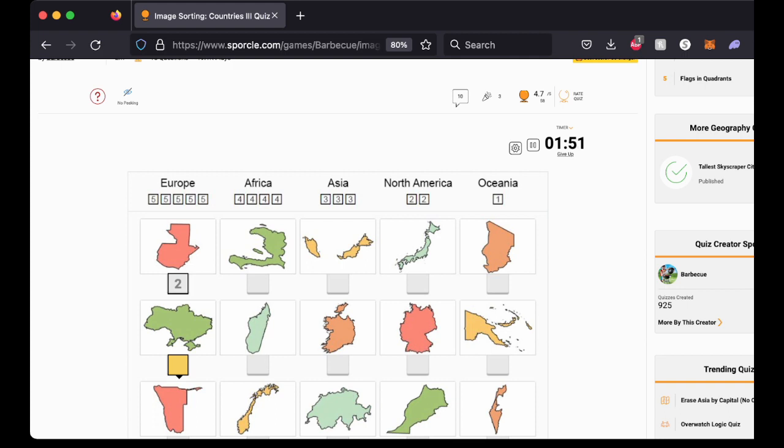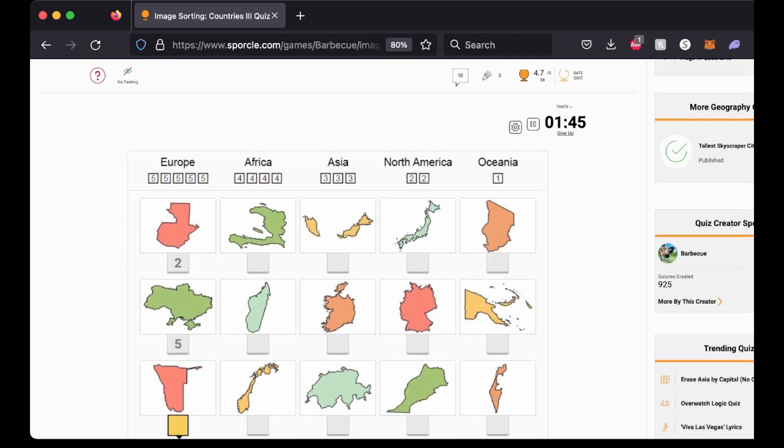Ukraine would be Europe. Looks like Namibia, that'd be Africa. That's Norway, that's Switzerland, that's Morocco. Israel would be Asia. Looks like Haiti, that'd be North America.